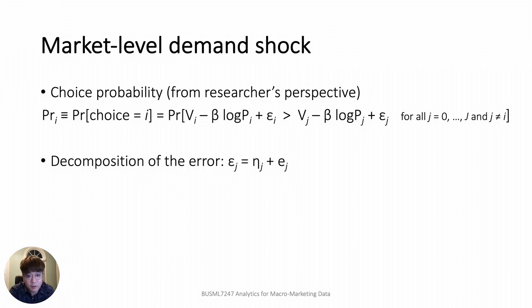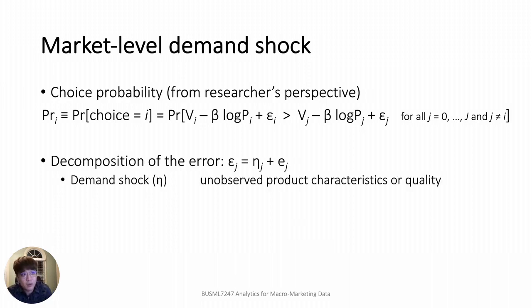The unobserved component can be decomposed into two parts. One is demand shock, denoted eta, which implies unobserved product characteristics and quality. This shock is a market-specific shock, including a short-term demand increase by a fad or meme.